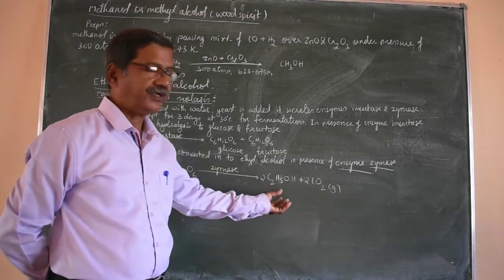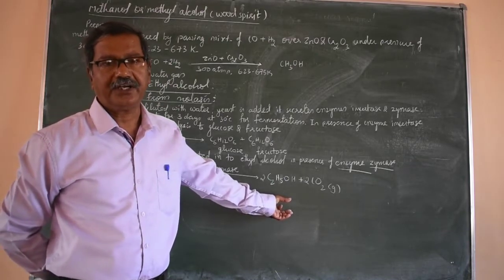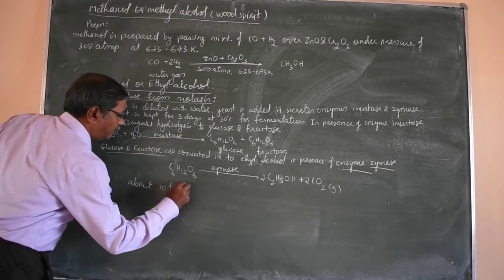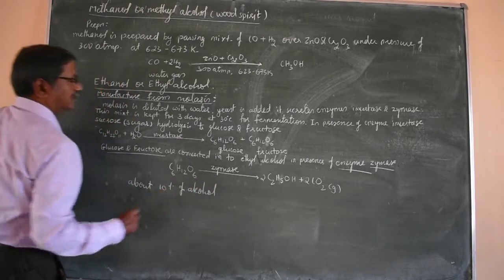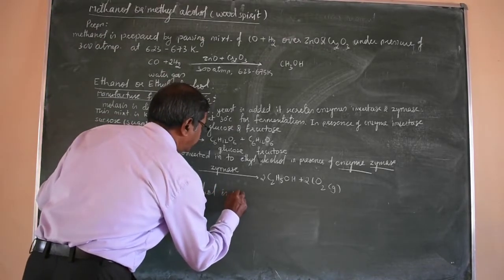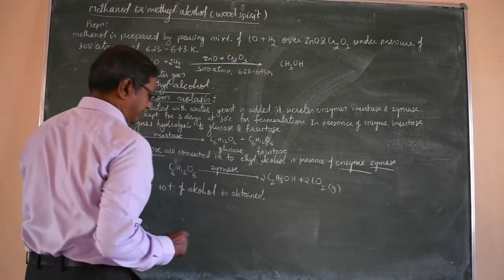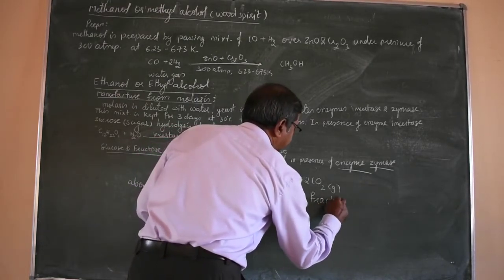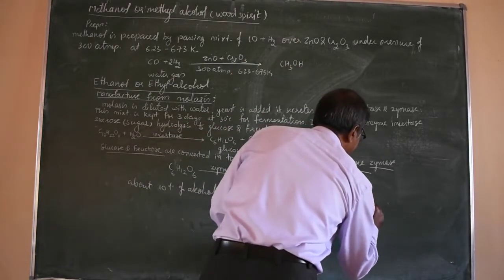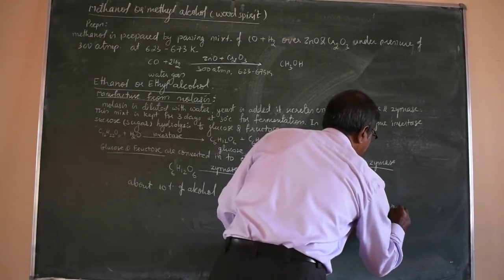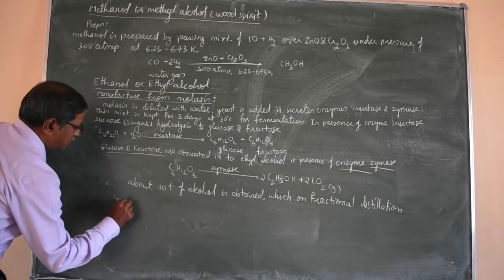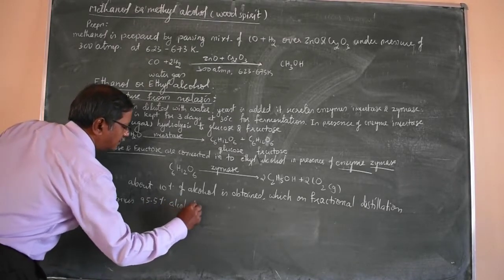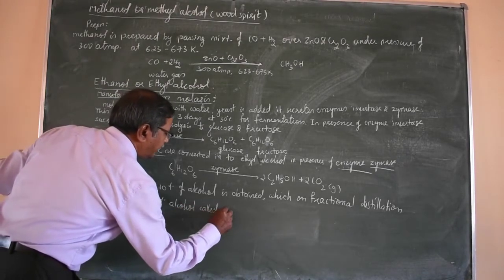About 10% of alcohol, that is ethyl alcohol, is obtained, which on fractional distillation gives 95.5% alcohol, called rectified spirit.